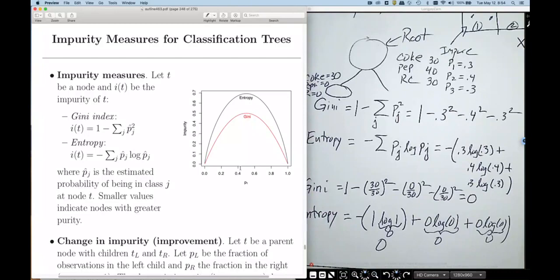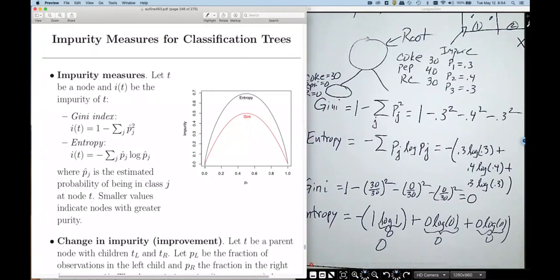In that case, I can show both of these functions, and you see something that's kind of intuitive: if 100% of the people in a node have a preference for Coke, then the impurity is 0, meaning that's a perfectly pure node.